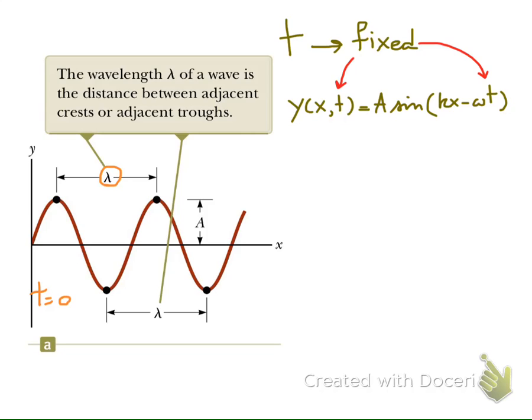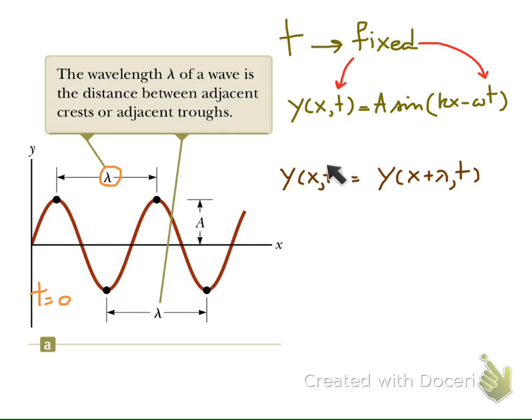Since we know that the sinusoidal function has a period of 2 pi, we must have that the displacement y(x,t) is equal to the displacement y(x plus lambda, t).